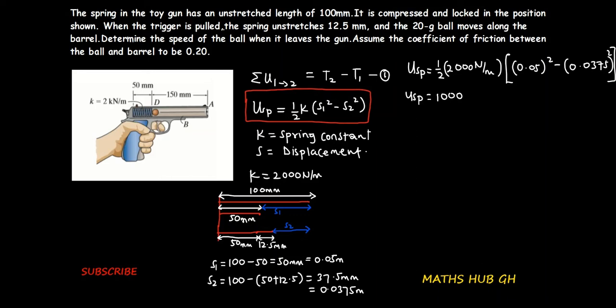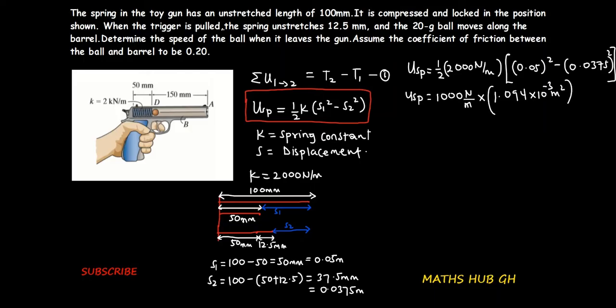So I'm going to have 1000 Newton per meter, and then let's multiply by the terms in the bracket. So I have 0.05 squared minus 0.0375 squared. That gave me 1.09375, so let's make it 1.094 times 10 to the power minus 3 meters squared.